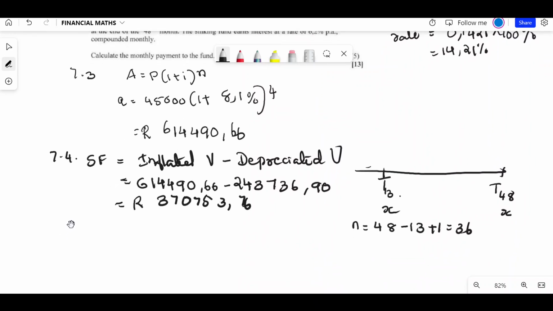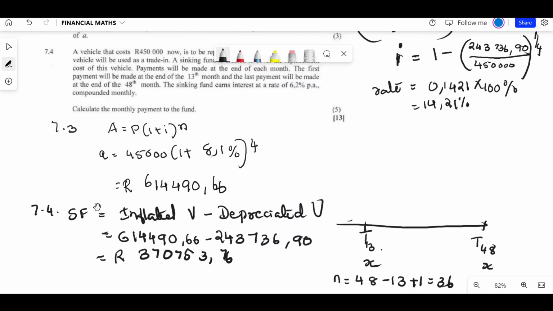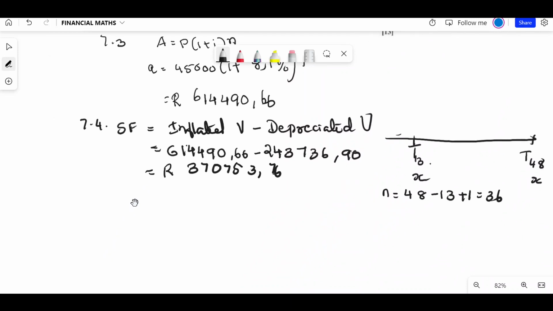Okay, so now what are we calculating here? The sinking fund earns interest at a rate of 6.2% per annum, compounded monthly. Calculate the monthly payment to the fund. That is the question. Okay, let us use the formula first. Let us write the formula first.